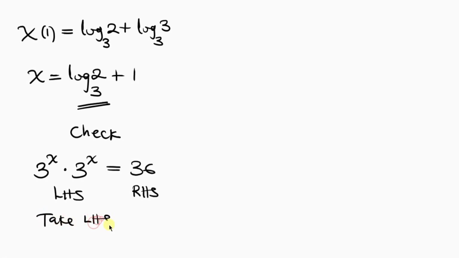Now this is 3 to the x times 3 to the x. And what is x? X is log 2 base 3 plus 1. So we want to prove if we're going to be having 36.